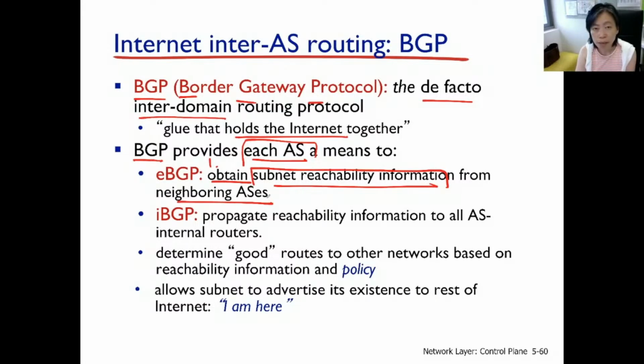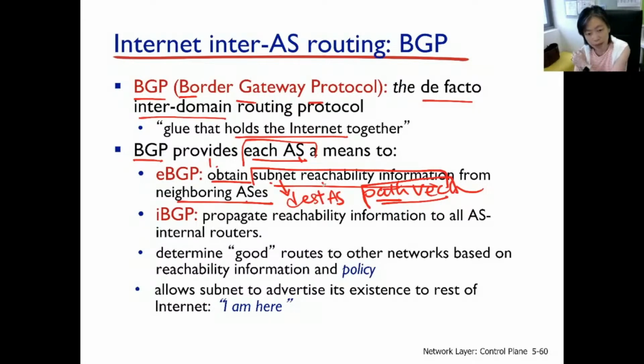This is very similar to distance vector, where a router receives distance vectors from the neighboring routers. So the gateway routers in the AS receive path vectors from the neighboring ASes' gateway routers. By subnet reachability information, we mean the path for each destination subnet, for each destination AS. And there are many of these destination ASes, therefore we receive the path vector from the gateway routers of the neighboring ASes.